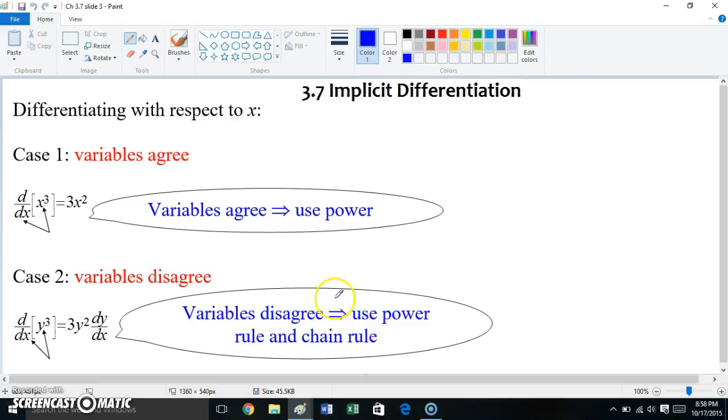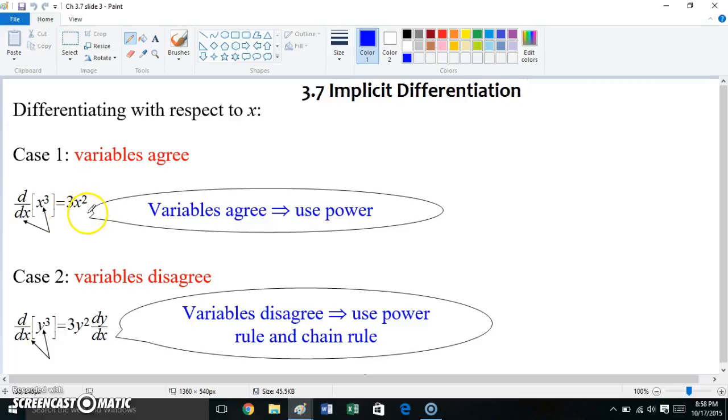Okay, so when we look at implicit differentiation, first, check to see if the variables agree. So for example, if I want to take the derivative of x cubed with respect to x, well, my expression x cubed is in terms of x. I'm differentiating with respect to x, and therefore the variables agree, and I can just use the power rule.